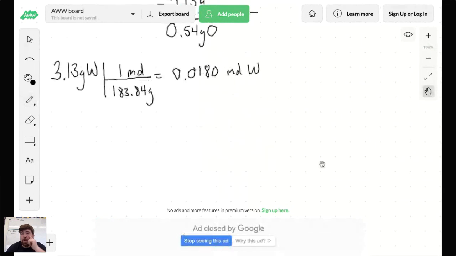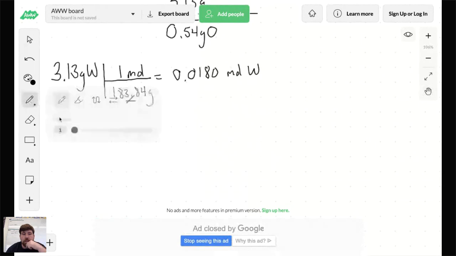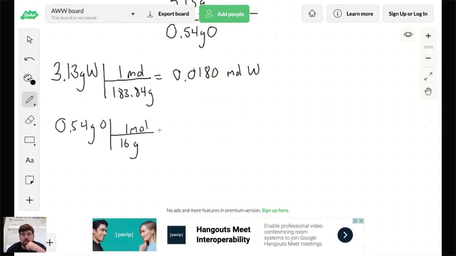And we're going to do the same thing for oxygen. Converting 0.54 grams of oxygen to moles gets us 0.0338 mole of O.